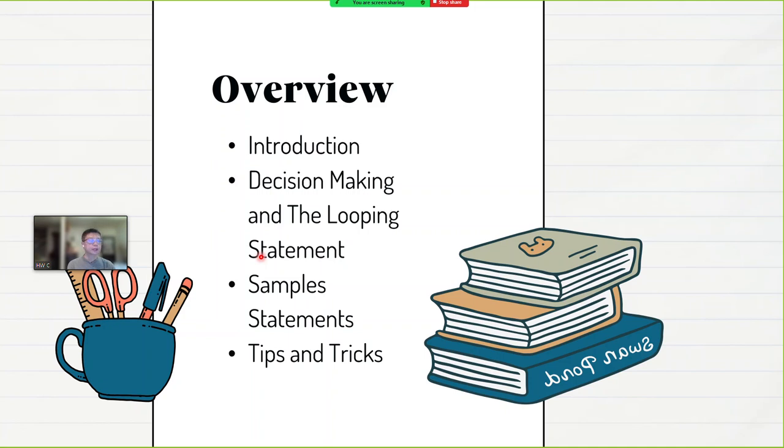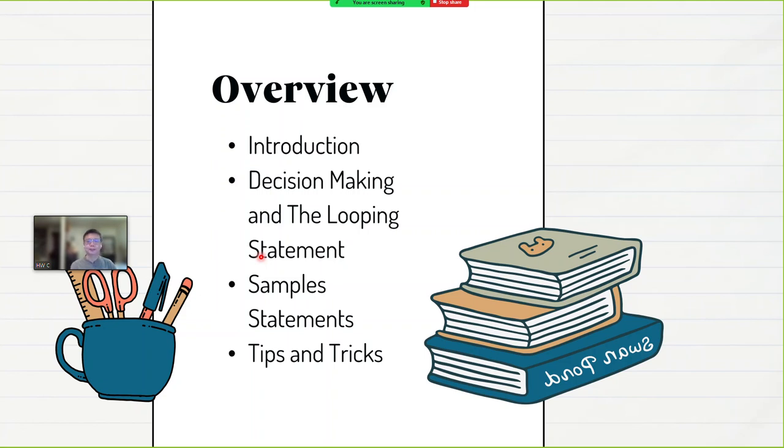So let me quickly walk you through the overview of the topics that I'm going to share with you in this session. Firstly, I will cover the introduction, followed by decision making and the looping statements, showing some example statements regarding decision making and also the looping statement.